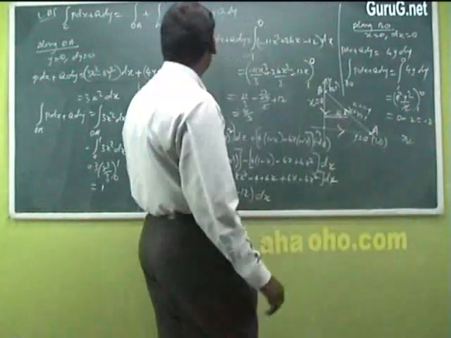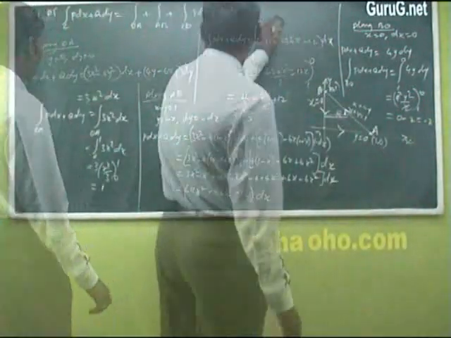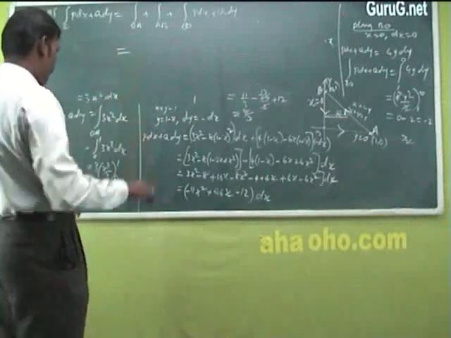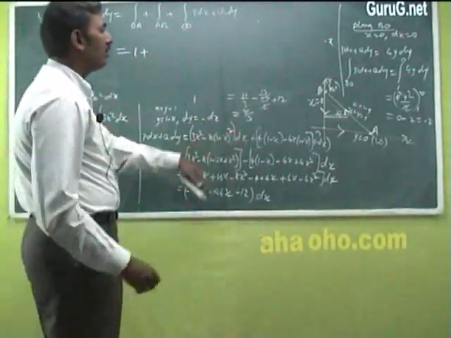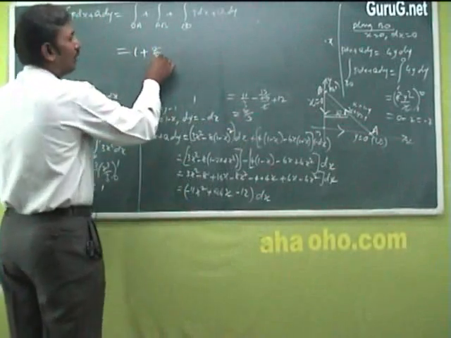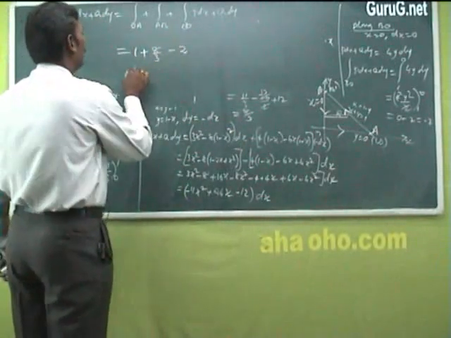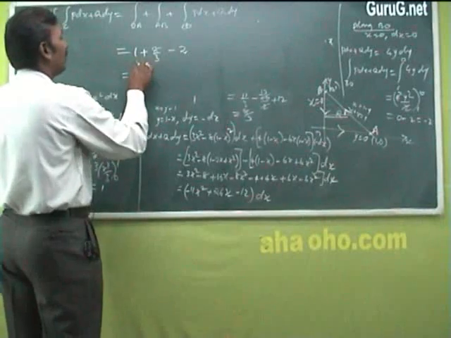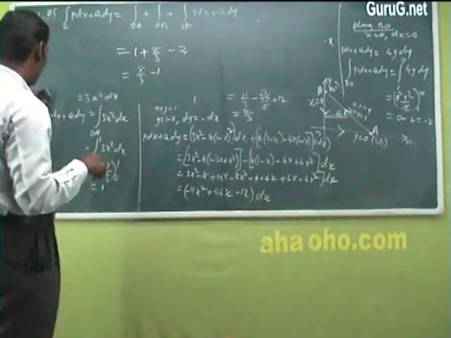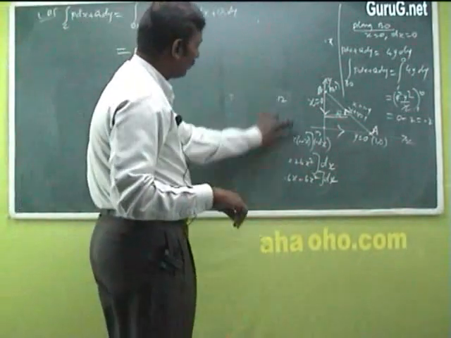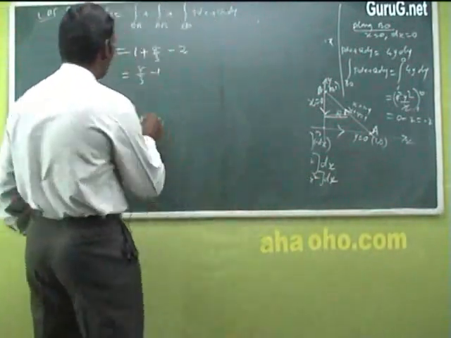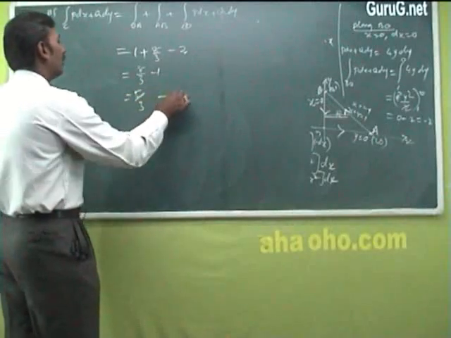So therefore, we substitute in this result. So OA is 1, then AB is 8 by 3, then minus 2. So 8 by 3 minus 1. So it is equal to 5 by 3.